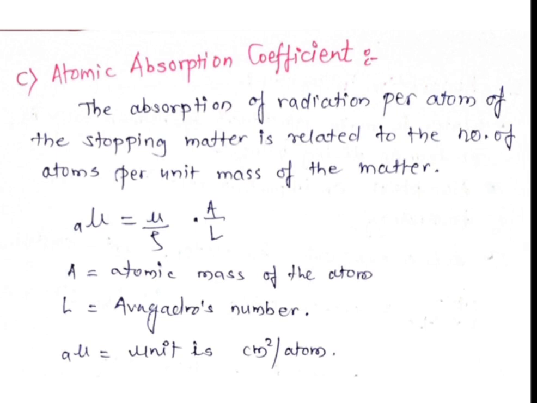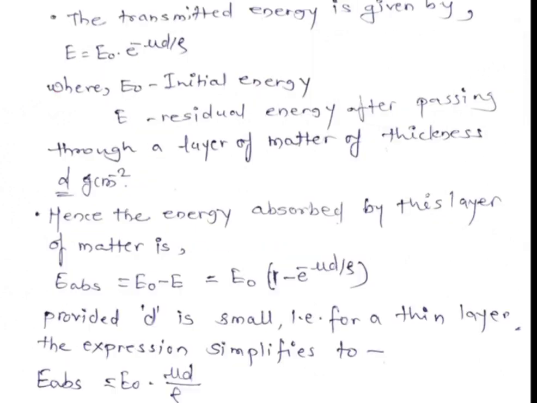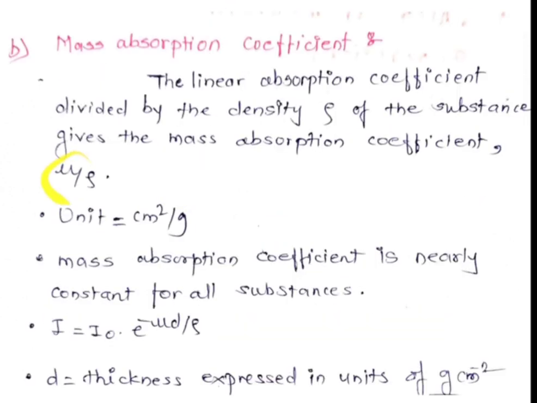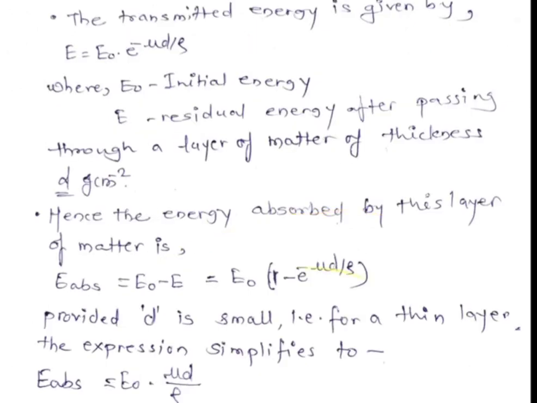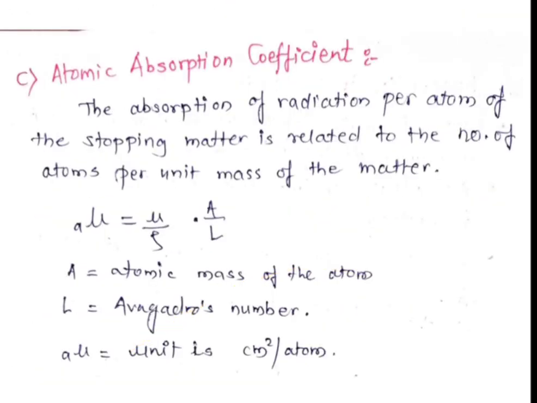Here the mass absorption coefficient, whose definition we have taken as mu by rho. So, a-mu is equal to mu by rho into A by L. Here the suffix a is not multiplied; it is a-mu, not A times mu.